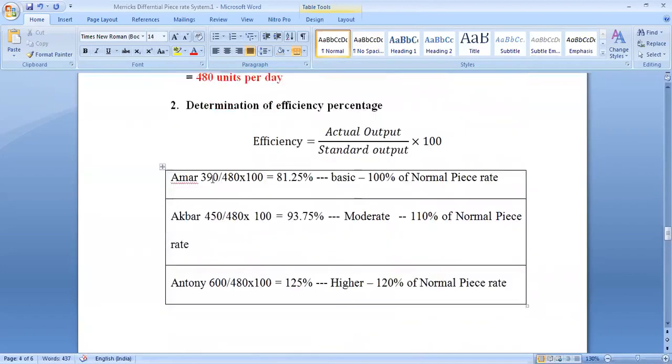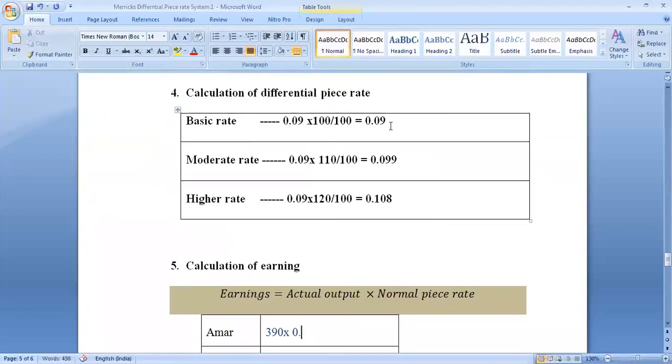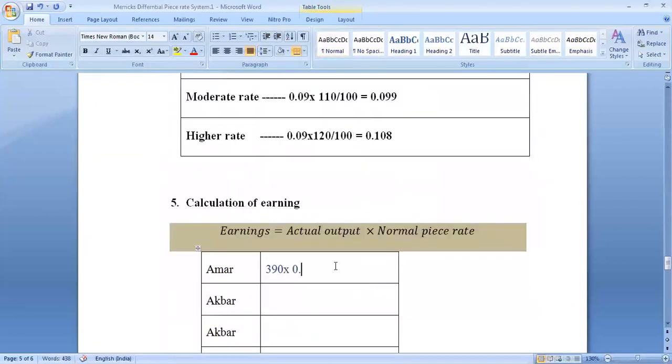Amar is producing 390 units actual production, so he'll be given 100% of normal piece rate because he's below efficiency, right? So that's why I'm giving him here 390 into 100% of normal piece rate. How much has it come? 0.09.